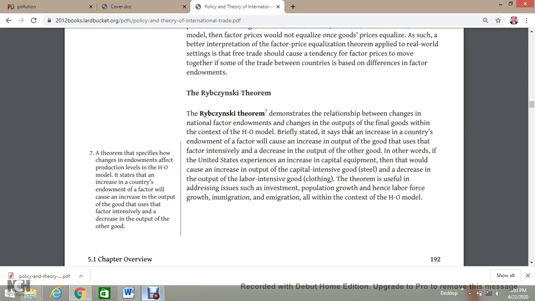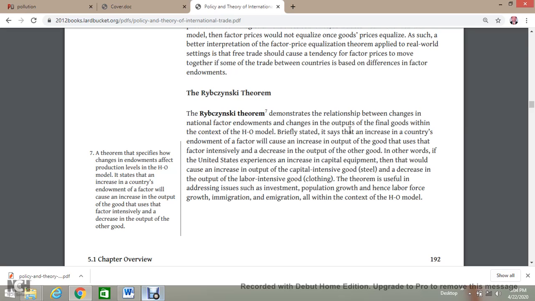So they take up the context of the variable inputs and the Heckscher-Ohlin model. And you know the context of the Heckscher-Ohlin model.